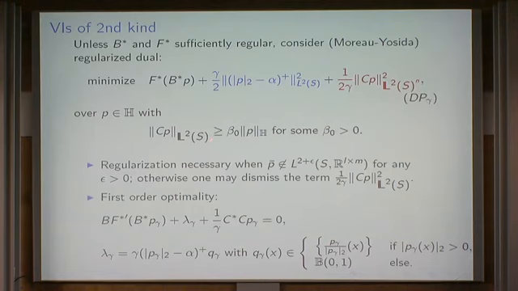A particular example you may have in mind, for instance, is C being the gradient and H being some H01 space, for instance, so that you can apply Poincaré inequality, for instance. Okay, and the regularization is necessary whenever it turns out that the p bar is not in L2 plus epsilon.